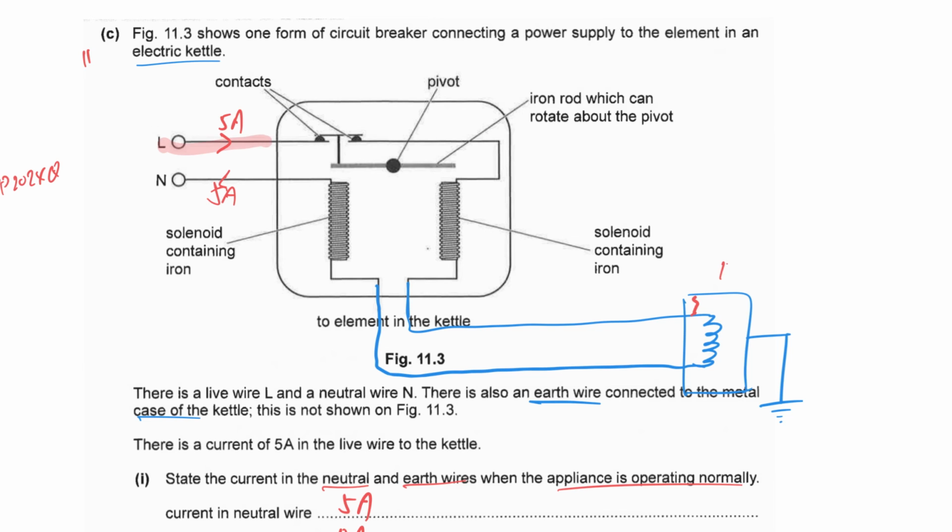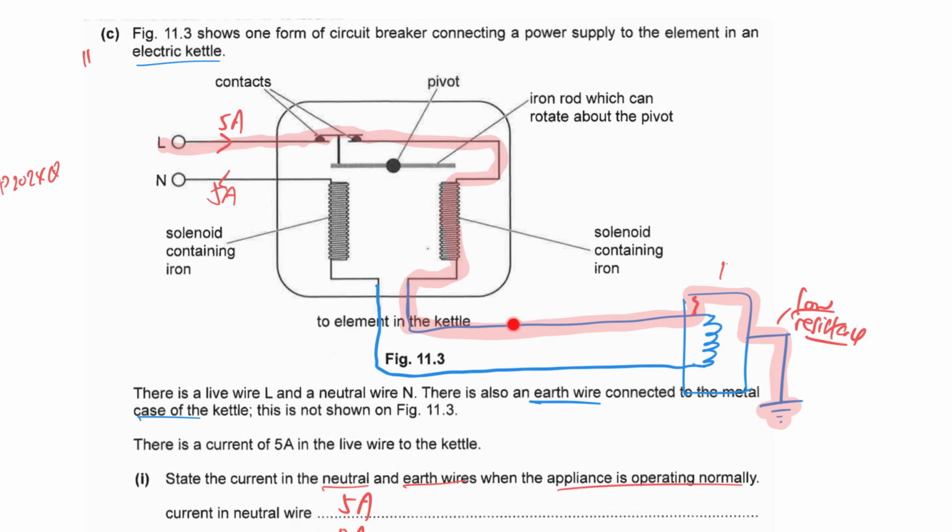It will flow through the live wire, through this path, through this solenoid, and then through the live wire of the electrical appliance, go to the metal casing and down into the earth by the earth wire because of its low resistance. That is one key point that you need to write down in your answer. Earth wire is low resistance, so all the current will choose to flow through there.